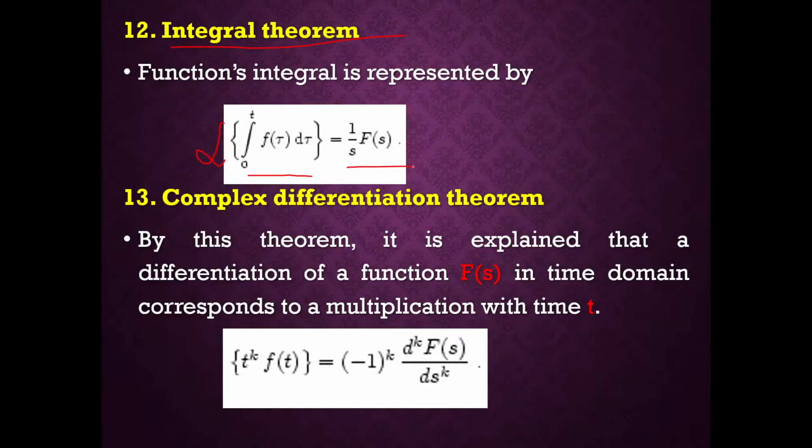It's very simple. If you have a function which has an integral from 0 to t of f of tau d tau, then the Laplace of that is given as 1 by s F of s.